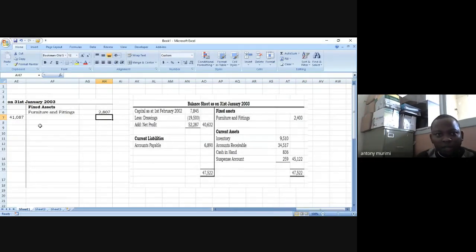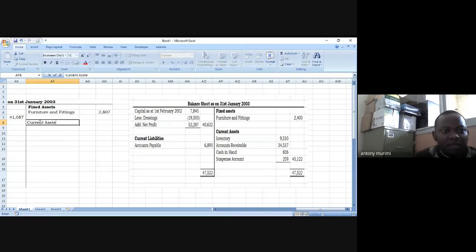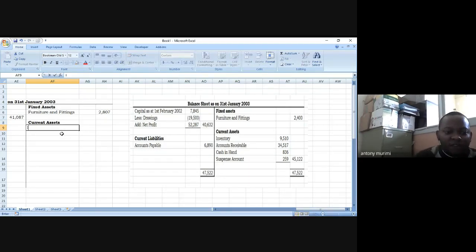Then move on to the next item, that is current assets. First one is inventory. Inventory doesn't change, no error.